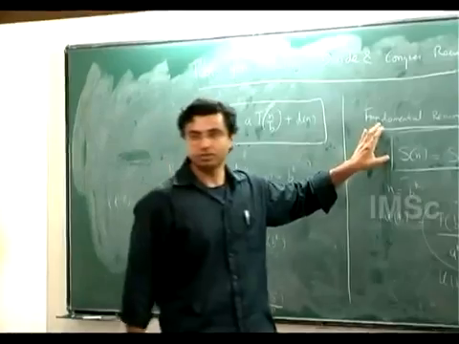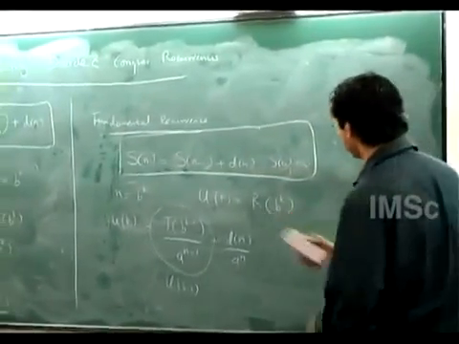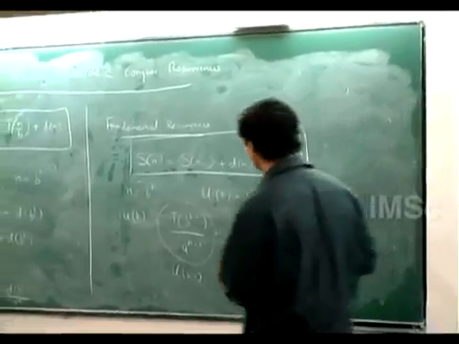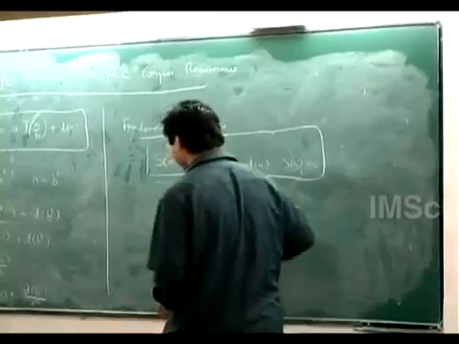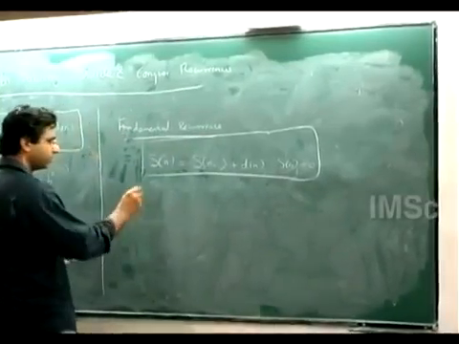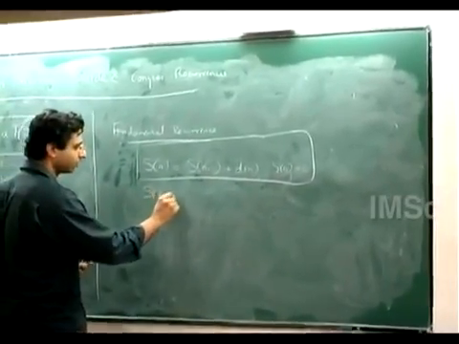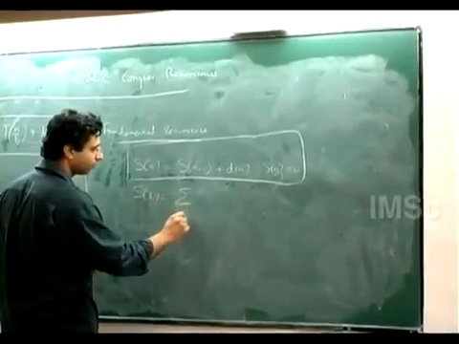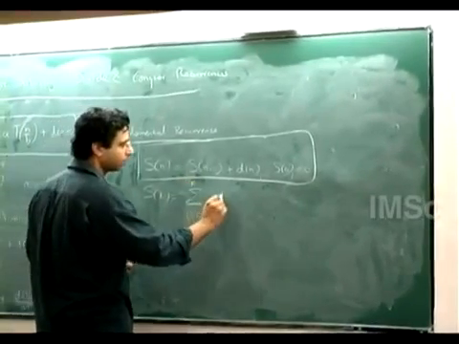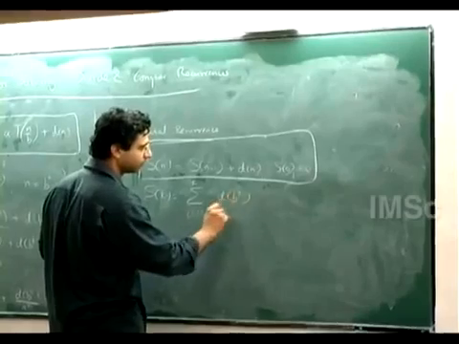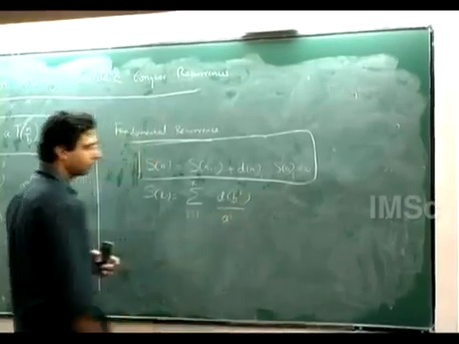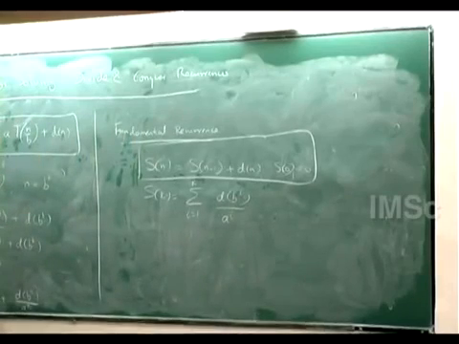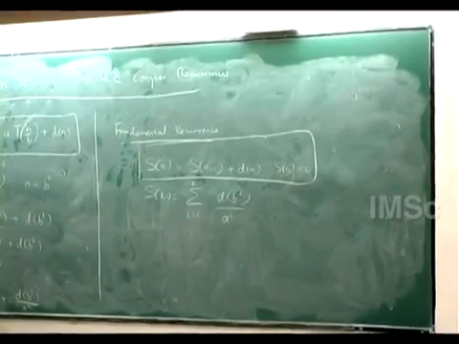So now that it is in this fundamental form, we know that we can solve it. What is the solution for the fundamental recurrence? S of k is the summation over i from 1 to k of D of b raised to i divided by A raised to i. So that is the solution for the fundamental recurrence.